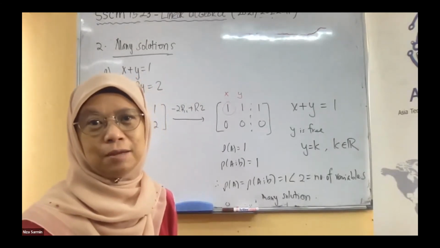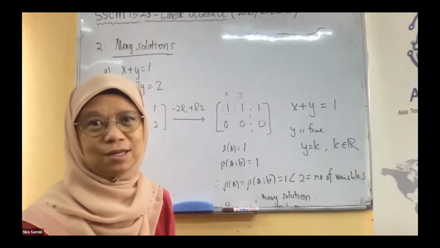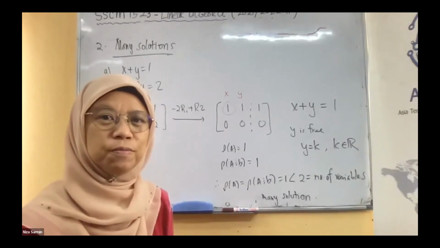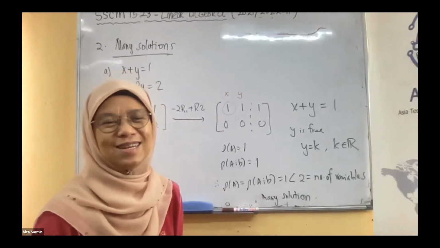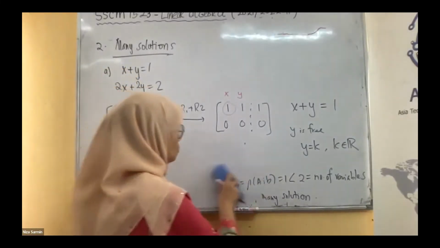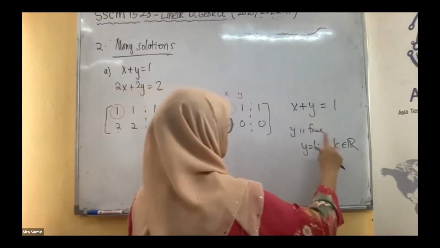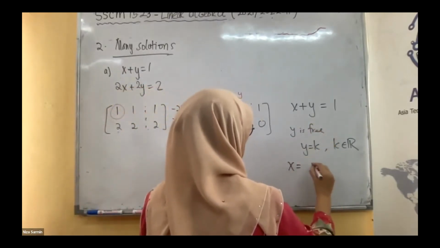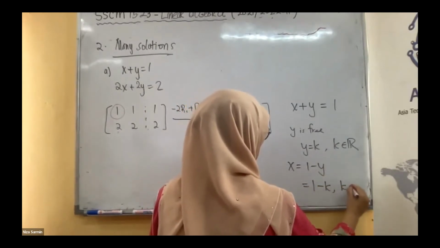No, it depends on which column you circle for the leading one. After this, I will show you that probably X is the free one. So what's the answer? When Y is K, X is 1 minus Y, which is 1 minus K.